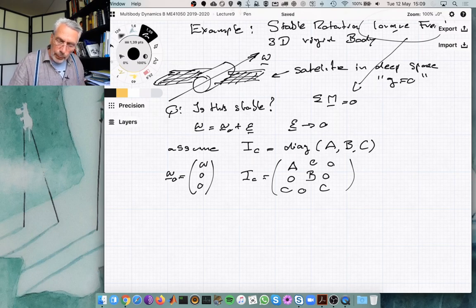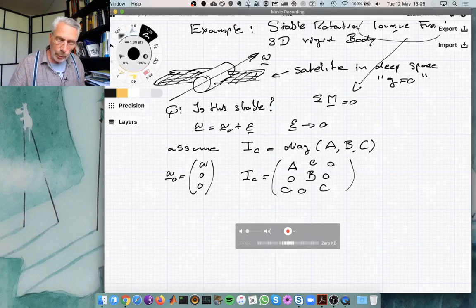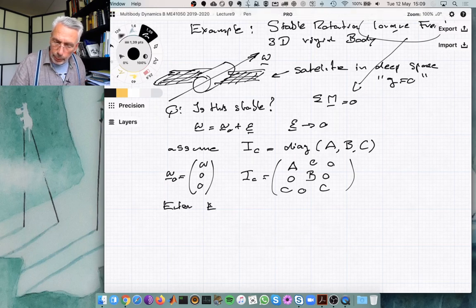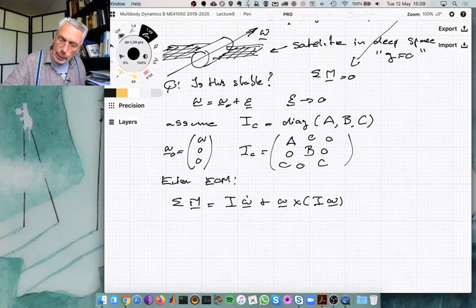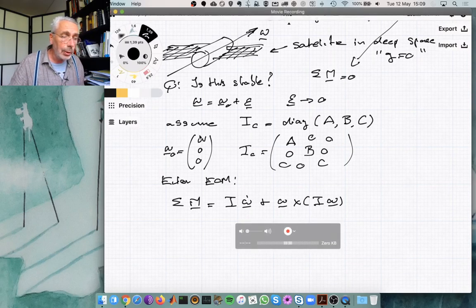Okay, how do we investigate our question about stability? Well, of course we use our Euler equation of motion, right? And what does it say? Well, it says that the sum of the torques is the mass moment of inertia times angular acceleration plus omega cross I omega. That's our Euler equation. And what do we want to investigate? We want to investigate small changes of the angular speed.